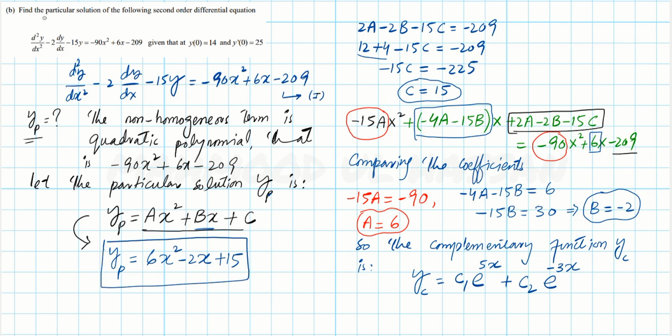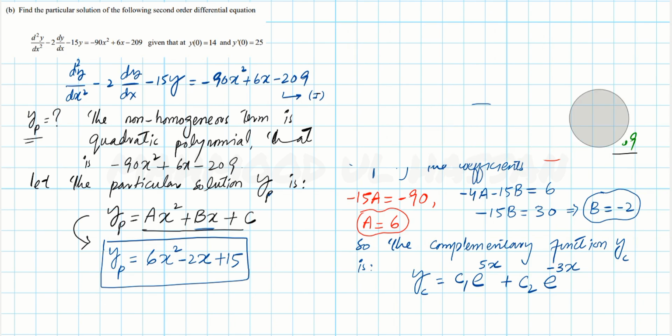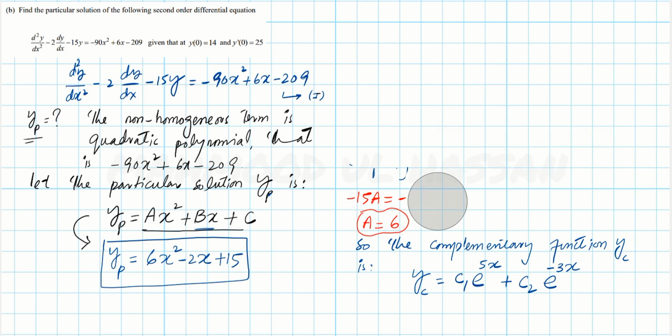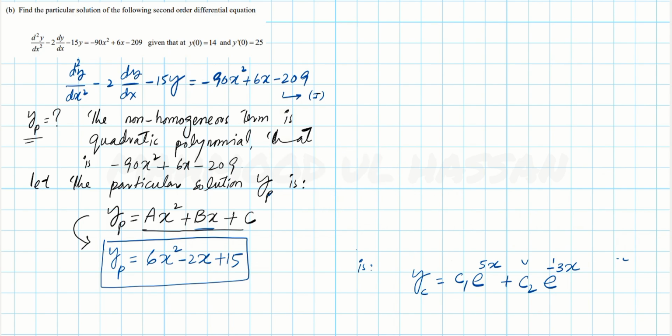Got it? Now what will be our general solution? So our general solution is y, that is basically the sum of the complementary solution and the particular solution.